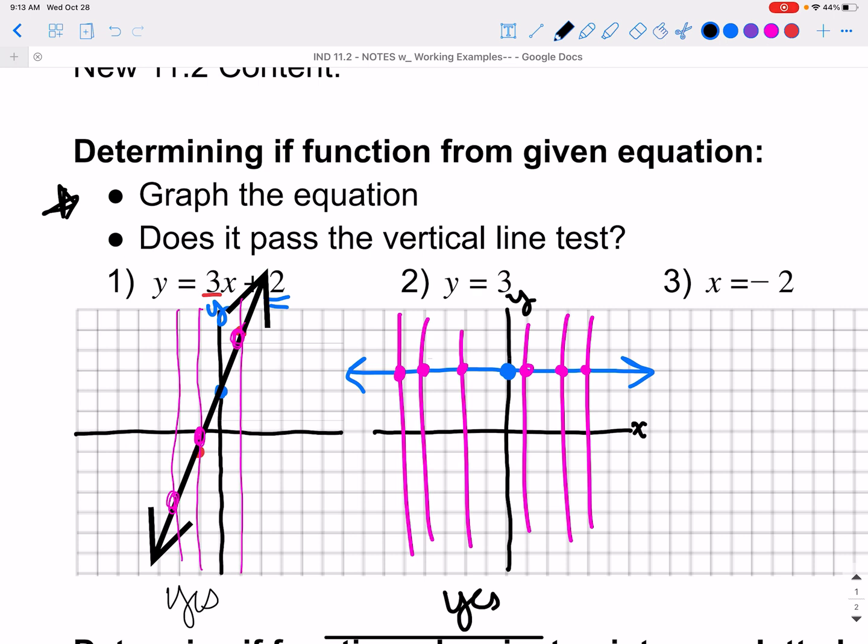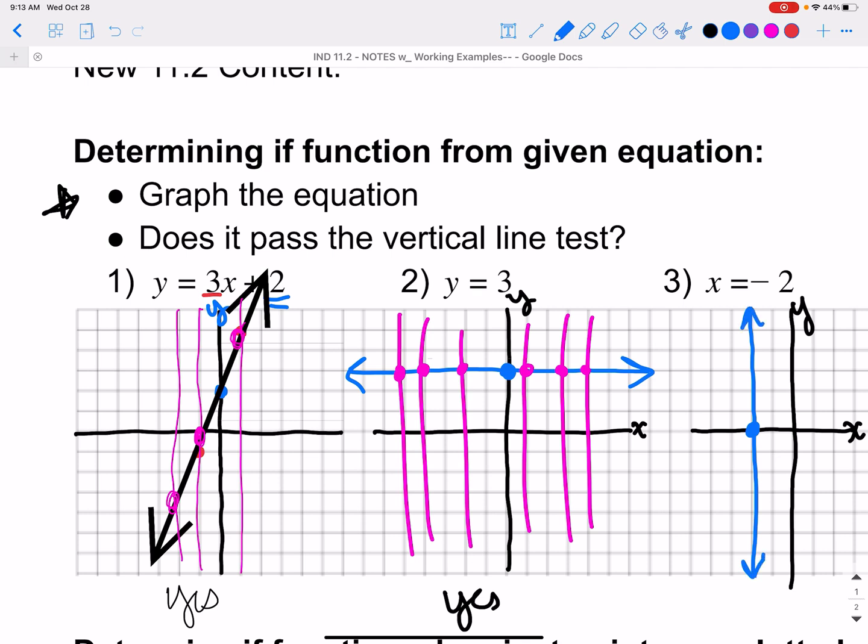Now let's graph our last one, which is x equals -2. So again, let's give ourselves a graph here, and this is our y and our x. Well, at x equals -2 on the x-axis, we put a point, and then we graph that line, straight up and down.